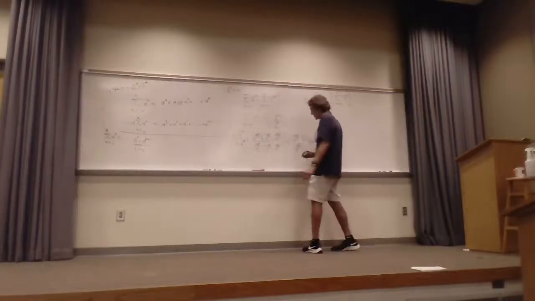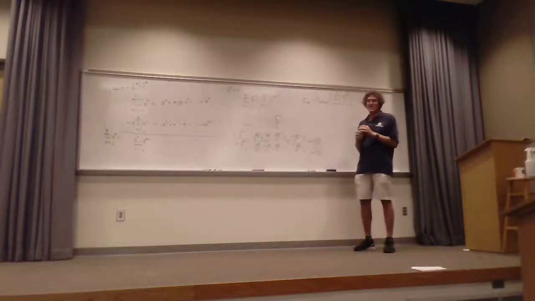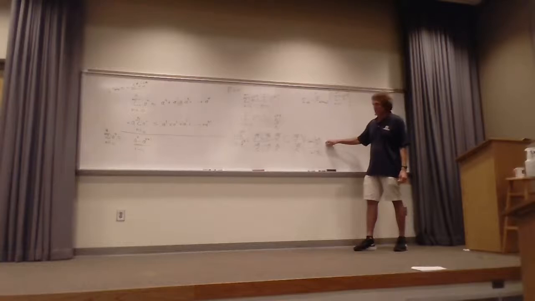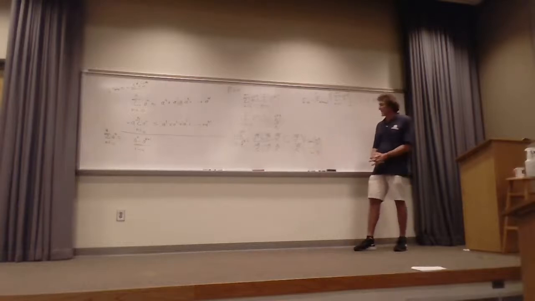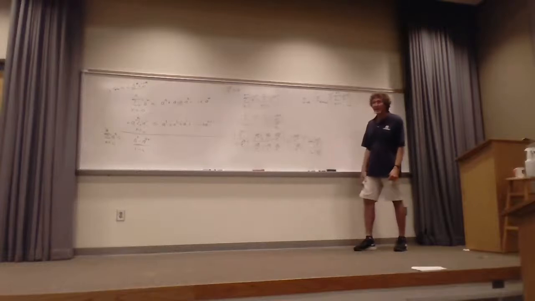And lo and behold, this is important, and I'm going to talk about that, but I wanted you to see how you get there. I'm going to give you some information when you go home. That's the key, because I know what a sine function looks like, right? And I'm going to make the argument next time that if psi is small, the sine of x is about x when x is small. So this is starting to look like a sine x over x, or a sinc function, right?